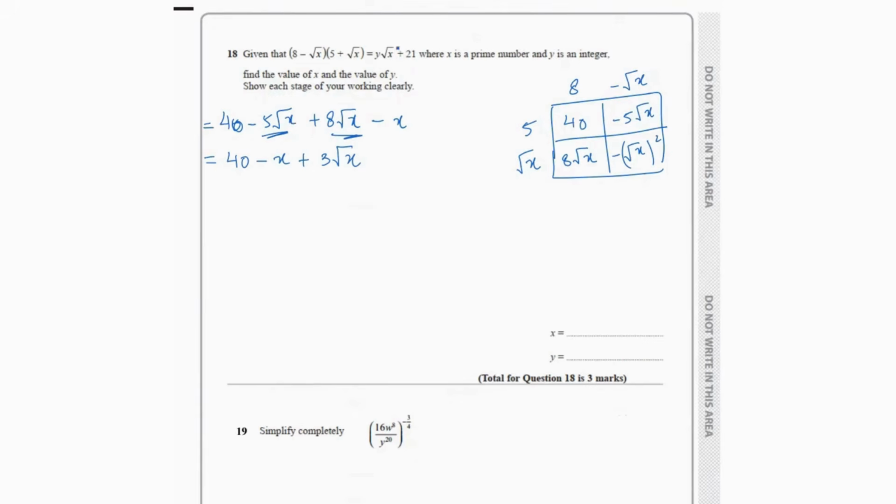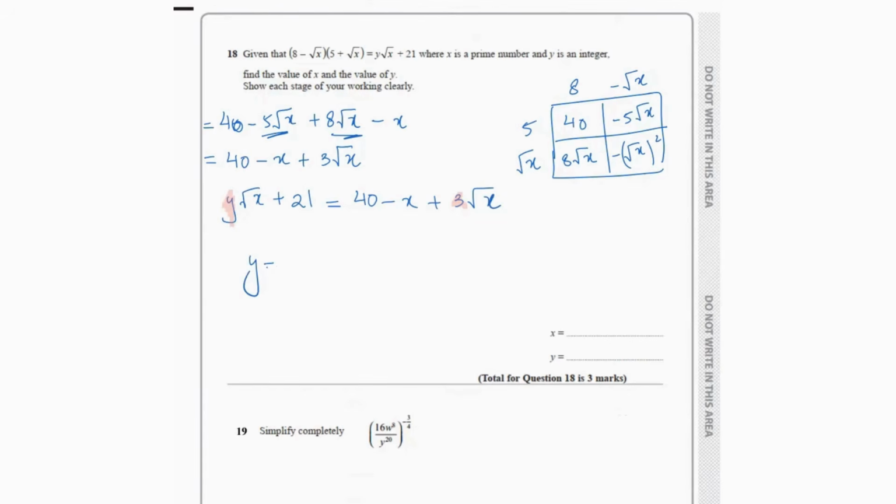So it says this expansion equals y root x plus 21. We have to find the value of x and y. So y root x plus 21 is equal to this. If we look at this, y would be 3 because that's what is with root x.